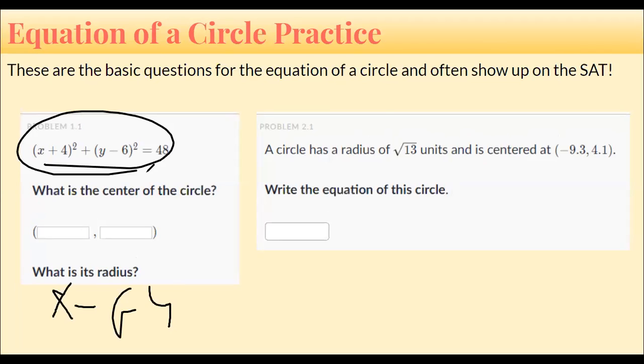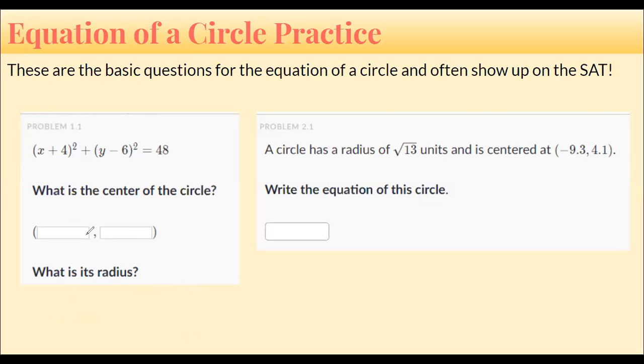So the center x value is -4 and the y value is 6. So (-4, 6) is the center of the circle, and I write 6 because y minus 6 doesn't have any changes done to itself. So this is (-4, 6).